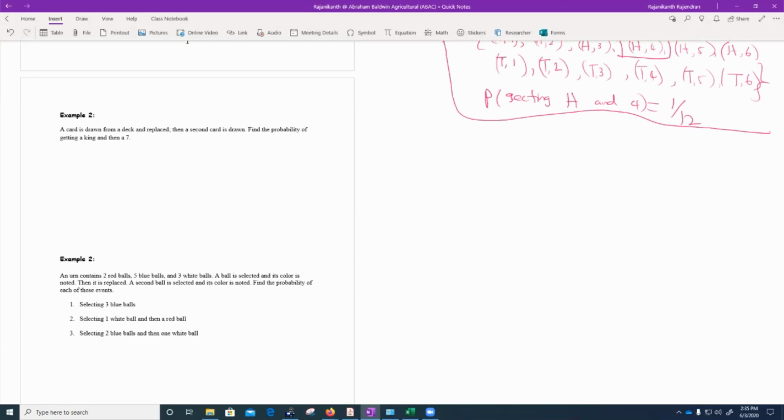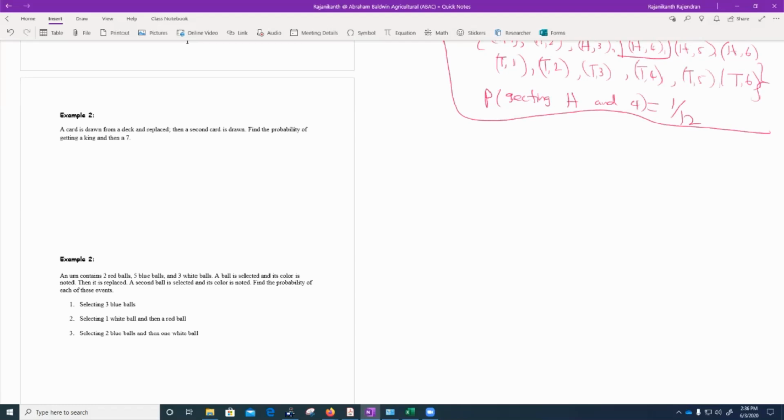But if you draw one card and you are not replacing it and choose a second card, now the probability of the second card, whatever you choose, will be affected by your first card, right? Because you are drawing the first card and not replacing. So the second time, your possible outcomes are now different. First time you had 52 cards, now you have 51 cards.